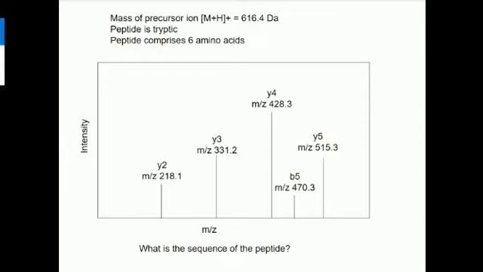And the intact is the sum of the amino acids plus the N-terminus plus the C-terminus plus the charge.